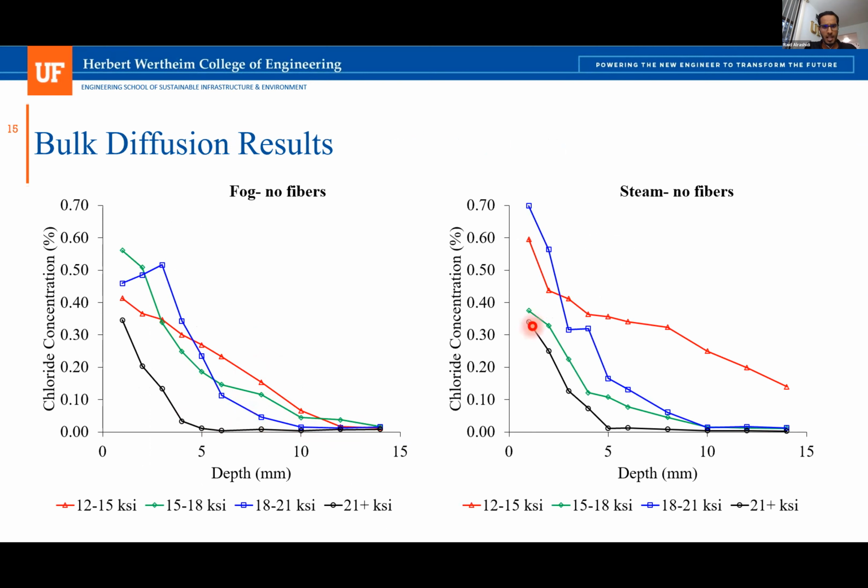And also the steam cured samples show similar trends as the fog cured samples, except that 12 KSI showed higher ingress, which agrees actually with the RCM data.